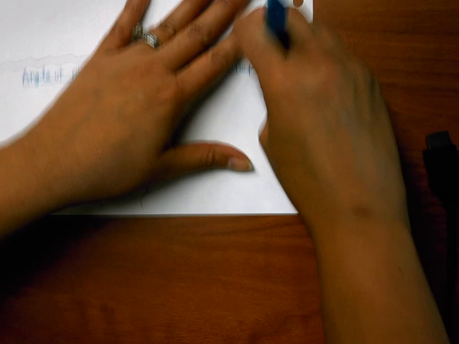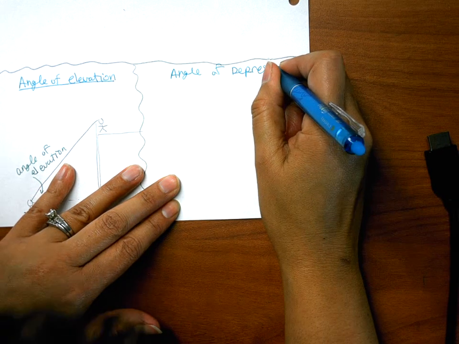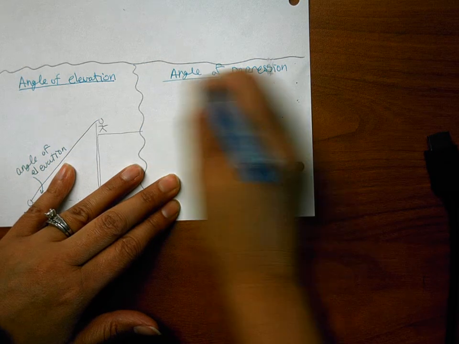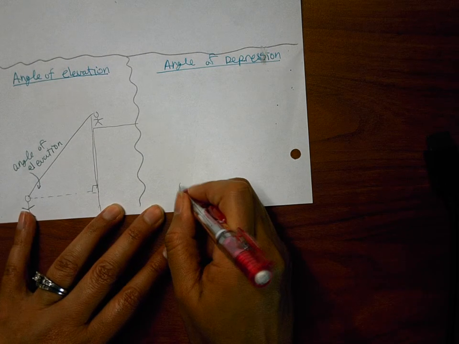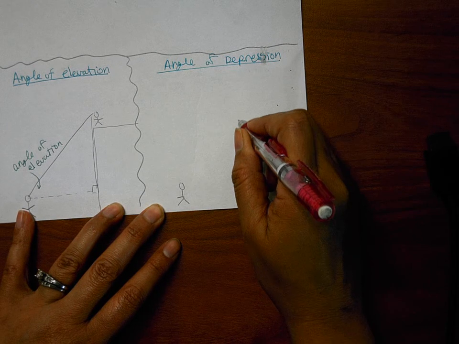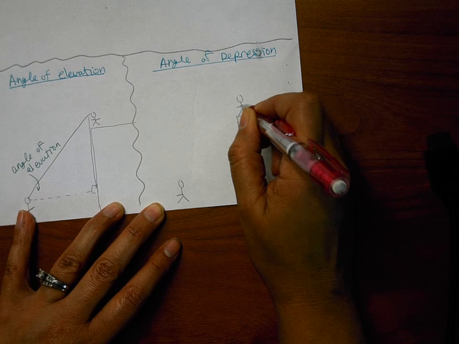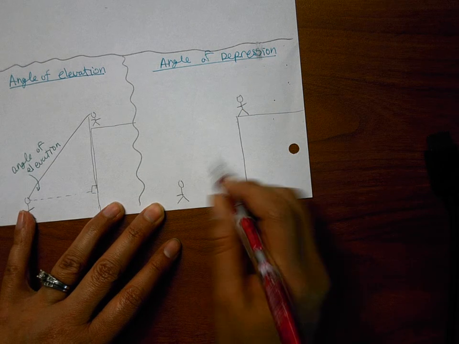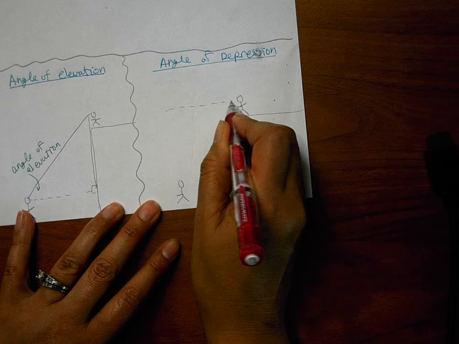Okay, second one is angle of depression. Depression, the word depress, to push down, you're depressing something, you're pushing it downward, you're looking down. Okay, so very similar. There's a person at the bottom, there's a person at the top, and this time the person at the top is looking down at the person at the bottom.